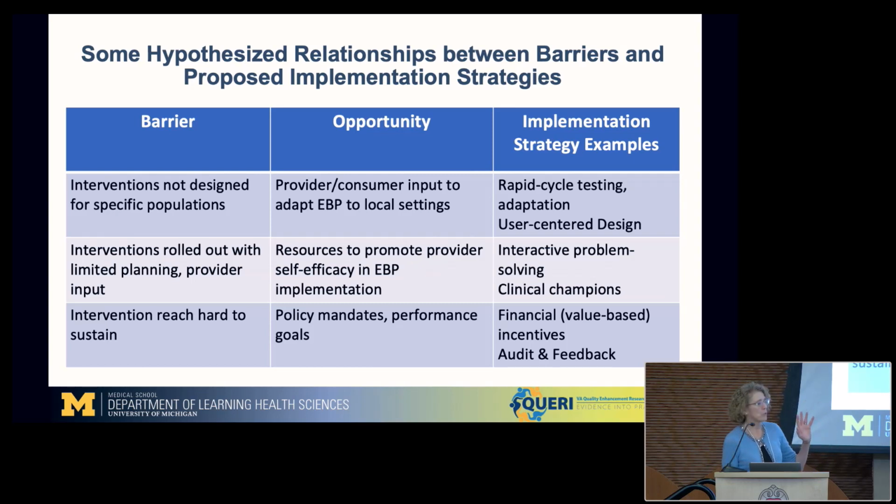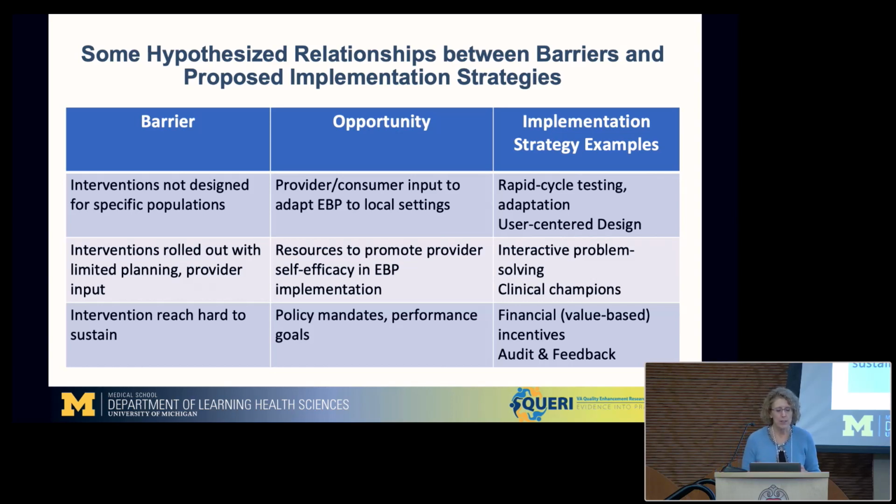But these are just examples of where the opportunities are for overcoming the barriers and the types of implementation strategies you can use. For interventions rolled out with limited planning or provider input, that's where you might want to use something more interpersonal, like facilitation or coaching, where you work one-on-one with frontline providers and work out individual barriers and provide them the strategic thinking skills they need to sell that intervention or treatment to their leadership, and also to their colleagues, so that they become empowered as a change agent.